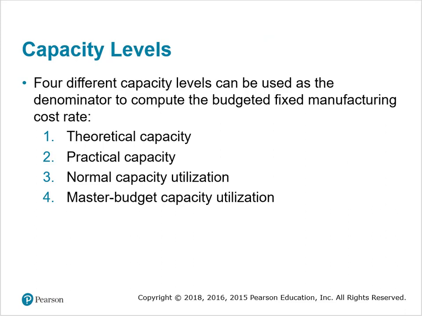So as we know, the choice of capacity level used to allocate budgeted fixed manufacturing costs to products can greatly affect operating income. Four different capacity levels can be used in the denominator to compute the budgeted fixed manufacturing cost rate. We've got theoretical capacity, practical capacity, normal capacity utilization, and master budget capacity utilization.